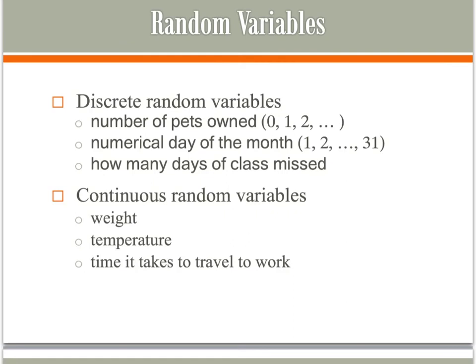Examples of discrete random variables are number of pets owned, numerical day of the month, or how many days of class you missed. Continuous would be things like weight, because even though you could be 162 pounds or 163, you could be 163.5. You can always find a number between those that somebody could be. So it depends a lot on how exact you measure things. But weight is continuous, as is temperature and time.